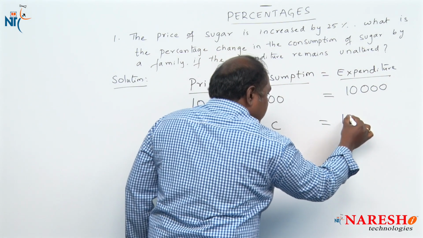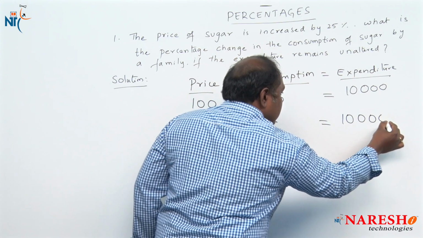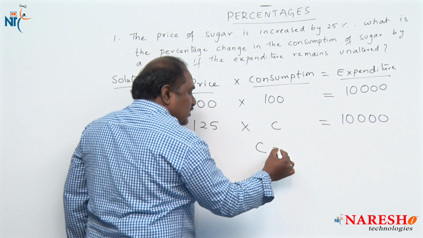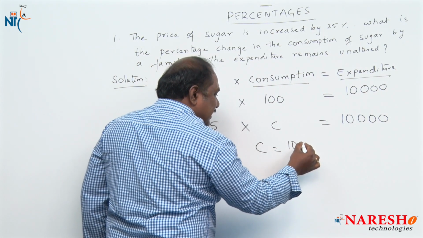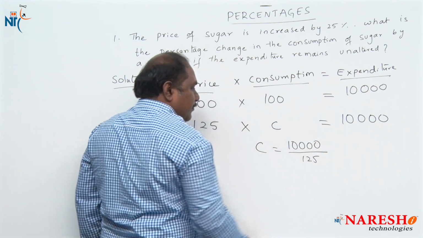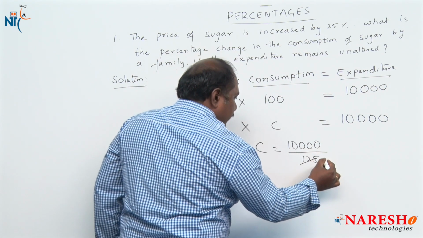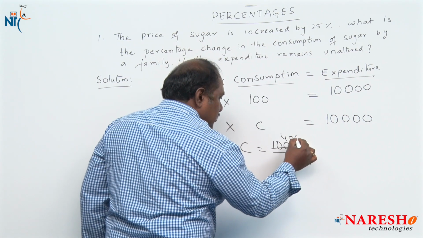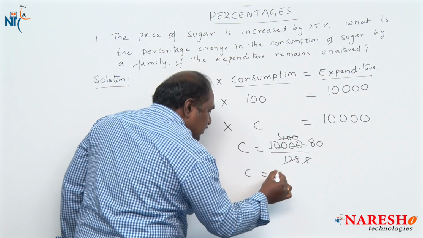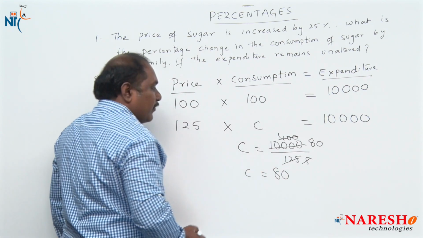That means the expenditure should be the same, 10,000. Now solving this, consumption will be 10,000 by 125. 25 5s, 25 400s and 5 80s. So you can see the new consumption is 80.